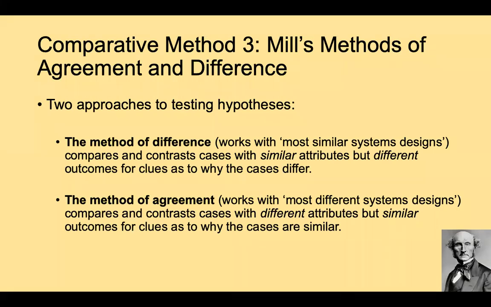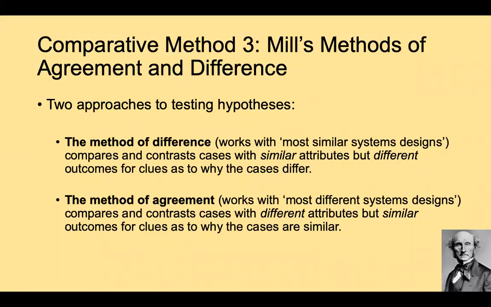When we look at the world, is it consistent with our expectations? Is it consistent with what we expect based upon the hypotheses that we've developed? And we've got two methods for doing this. Now, these methods work alongside the different research designs, the comparative designs that I already taught you as part of asking questions, that first step.